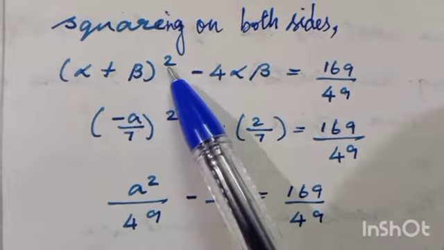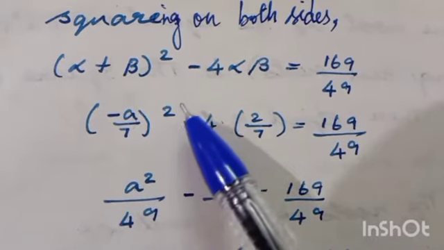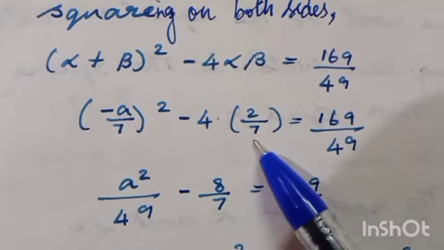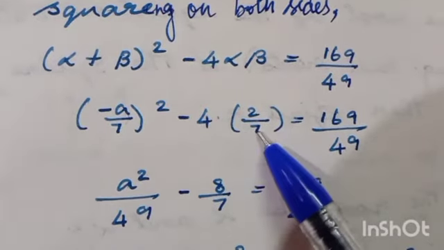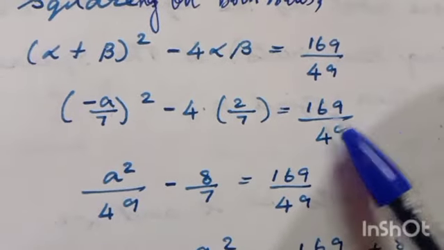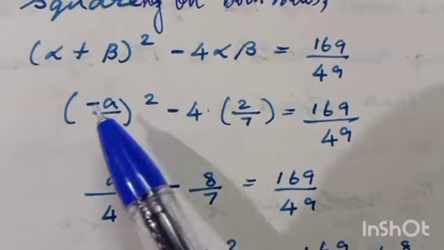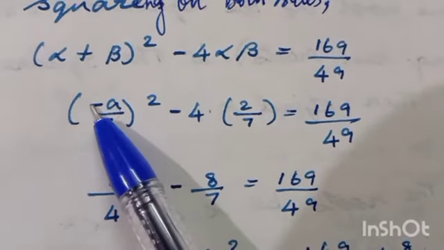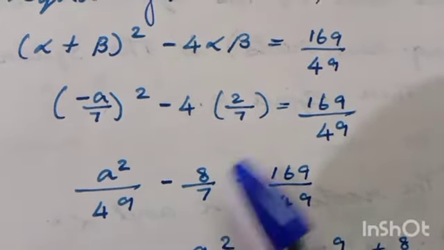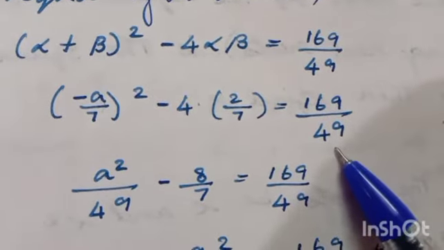Alpha plus beta is minus a by 7, so minus a by 7 whole square minus 4 into alpha beta value 2 by 7 is equal to 169 by 49. Taking the square, that is a square by 49, the minus becomes plus, a square by 49 minus 4 times 2 is 8, 8 by 7, equal to 169 by 49.